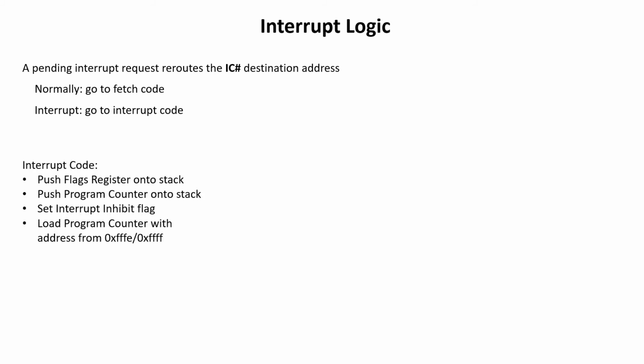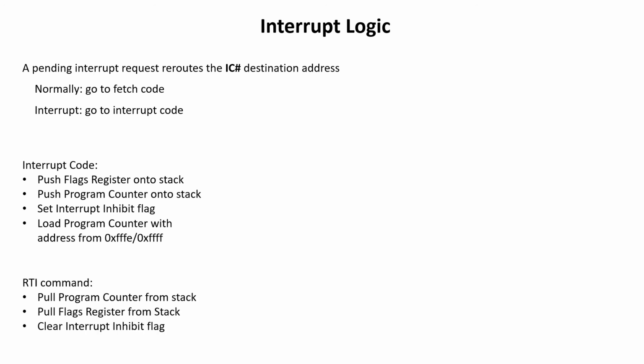And that interrupt code will push all the flags onto the stack, then push the program counter onto the stack, sets that interrupt inhibit flag, and loads the program counter with the address of that interrupt routine, which is on FFFE and FFFF.